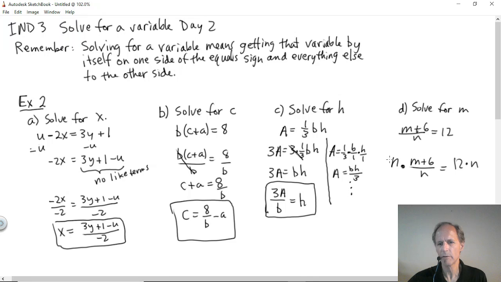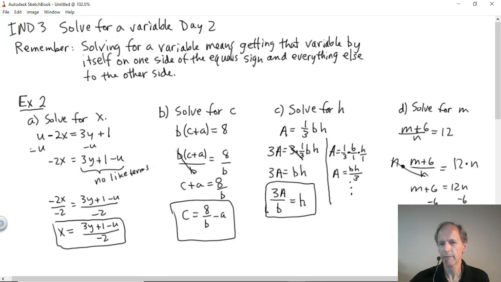So that is just what we want. M plus 6 equals 12N. And now we're ready to solve for M. Subtract 6 from both sides. Write it like that.